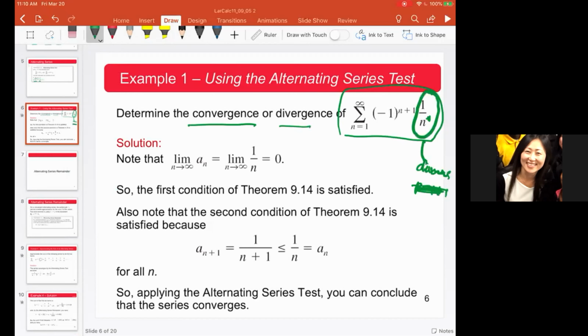So you know this is just a harmonic series, and it diverges. But we're not just looking at that, we have this alternating one, which is a sign change back and forth, positive, negative, positive, negative. So let's see whether this series converges or diverges.